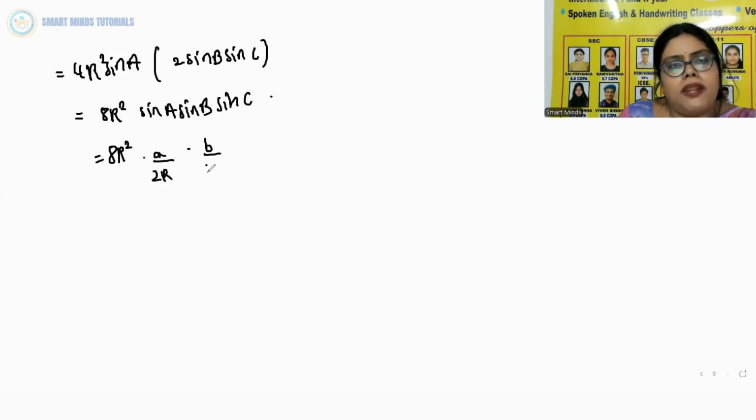Sine B is b by 2R. Sine C is c by 2R. 2 into 2 into 2 is 8. 8 and 8 cancel. R into R, and here R square gets cancelled. So you will get abc by R. This is RHS.